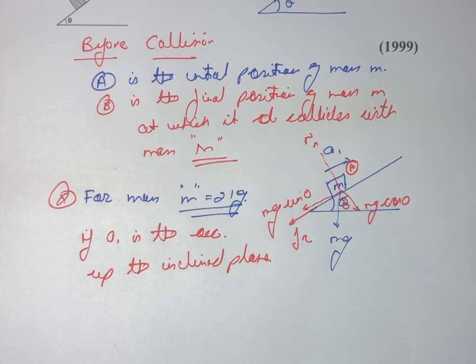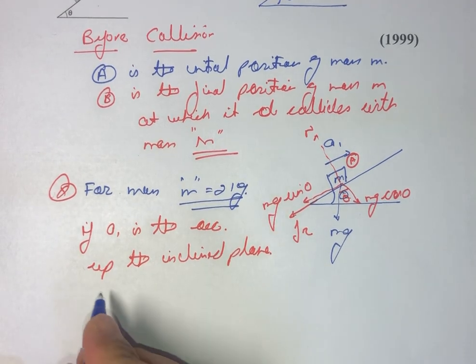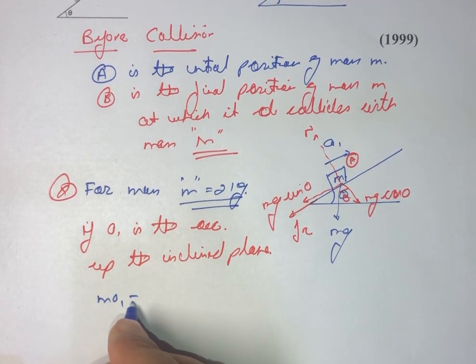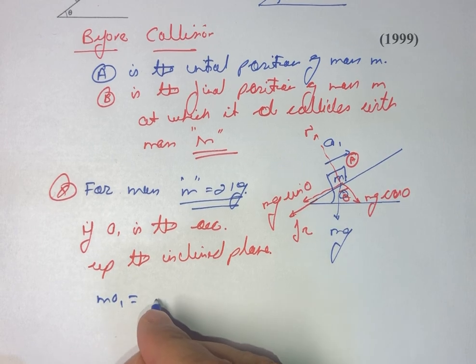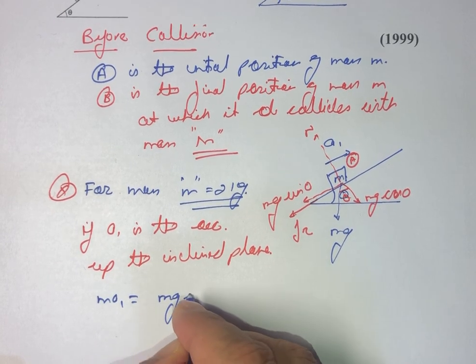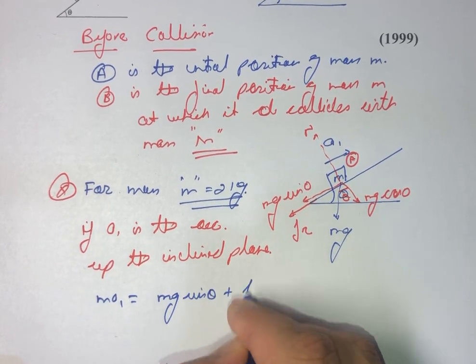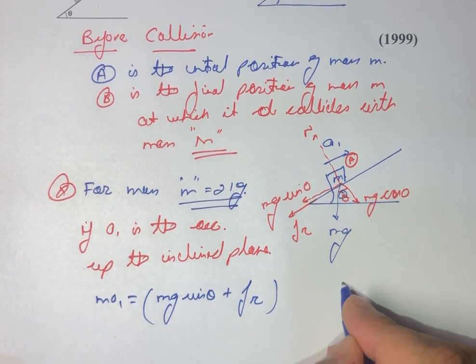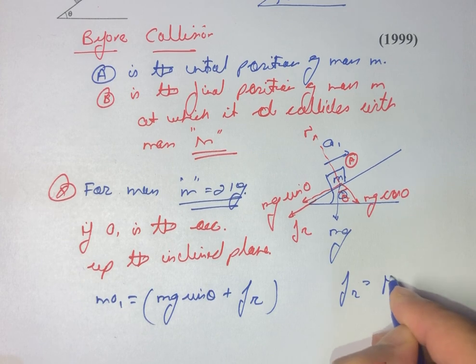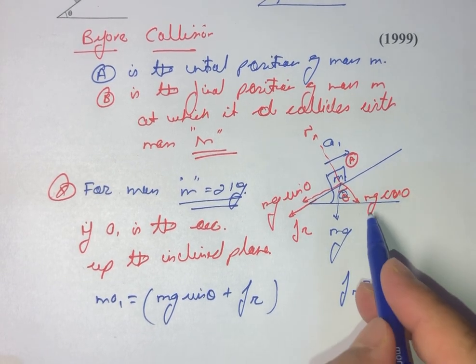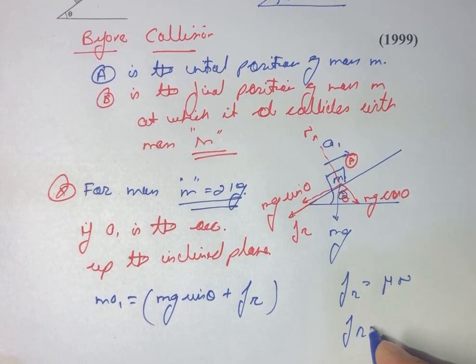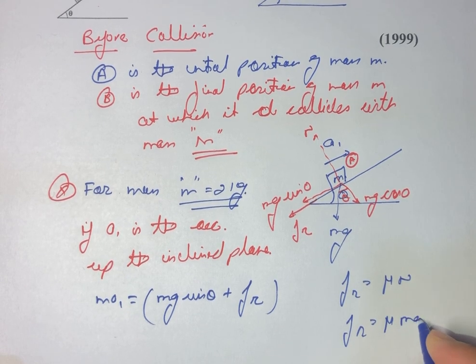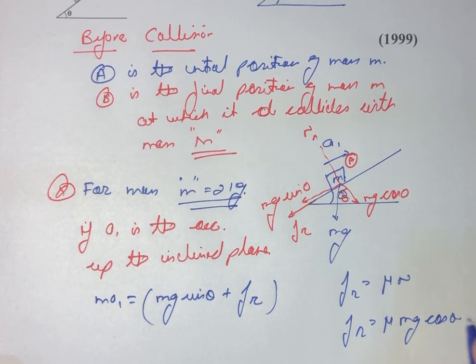Therefore we can write the equation as m a1 equal to mg sine theta plus Fr, and we can calculate Fr. Fr will be equal to mu into N. N is equal to mg cos theta, so we can say Fr is equal to mu mg cos theta.